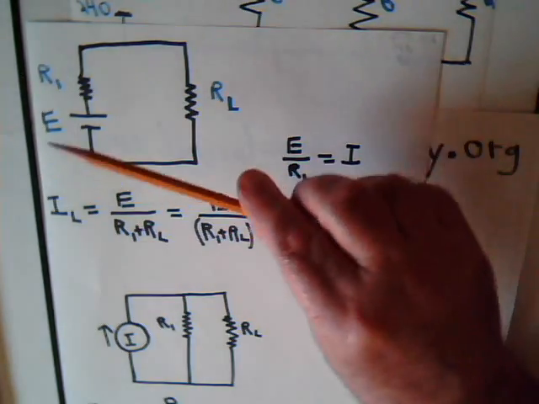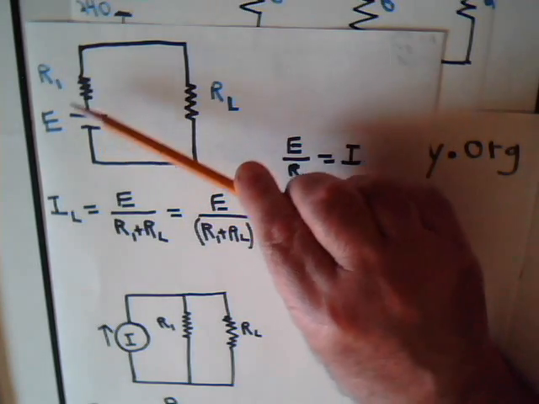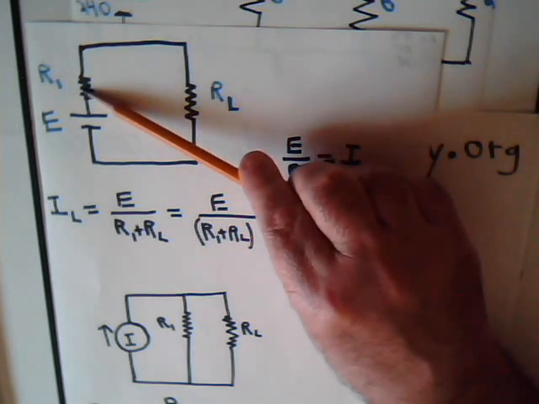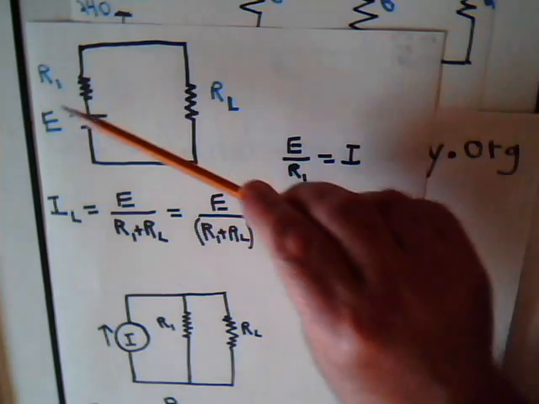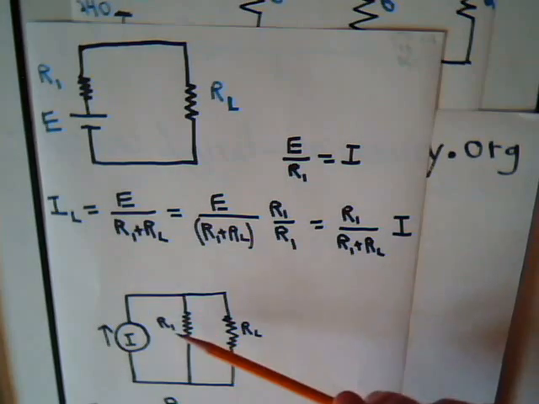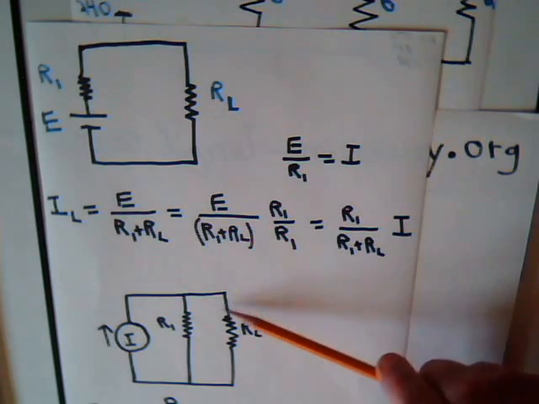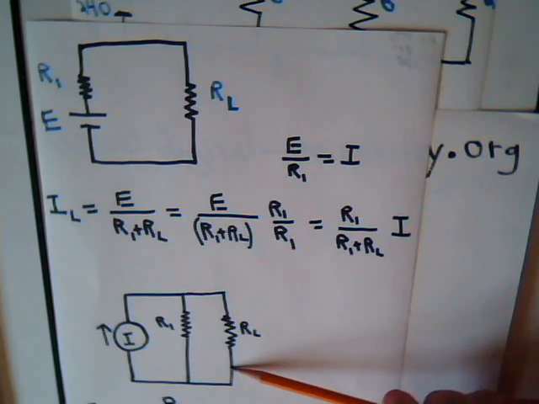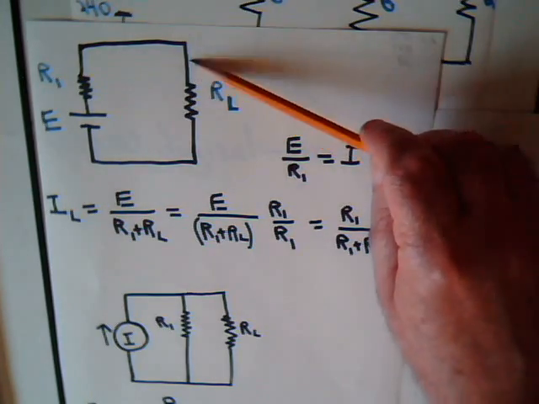If we take the value of that voltage source and divide it by that resistance, that's the magnitude of the current in this circuit, where now this resistor is in parallel with the current source. Then this will deliver the same amount of current to this resistor as this simple circuit does.